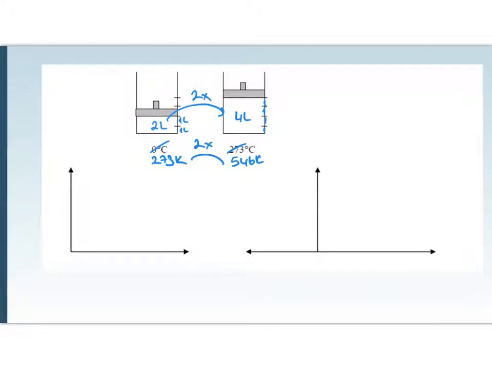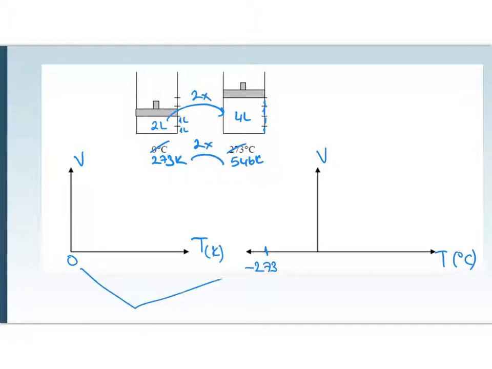So what about graphics? You're going to have 2 types of graphics because you have 2 types of units in temperature. This is volume, this is temperature, but this is in the unit of Kelvin. Now this one, again volume, this is temperature, in the unit of Celsius in this case. So this is 0 Kelvin and here is minus 273 Celsius.